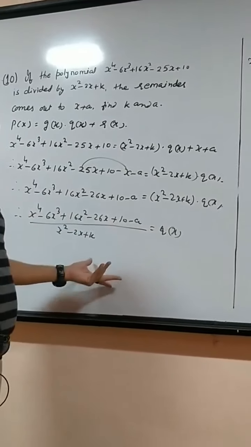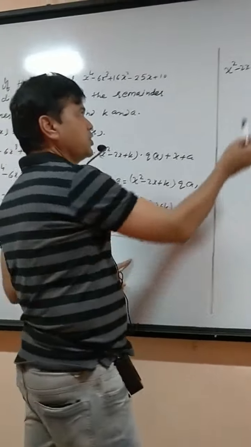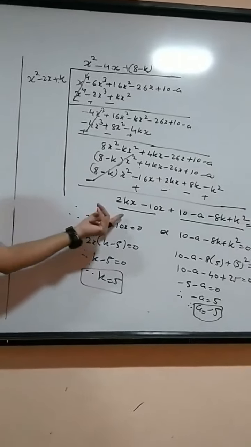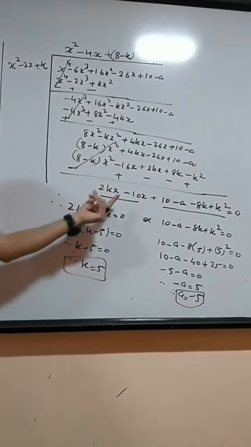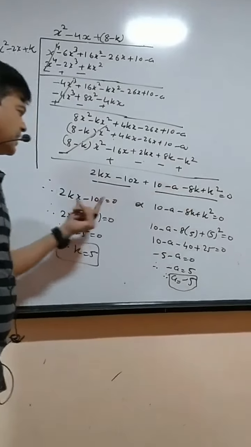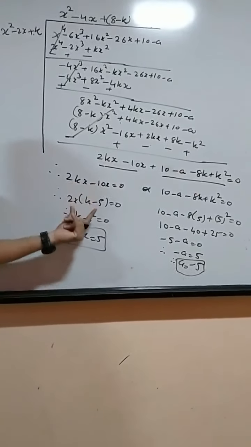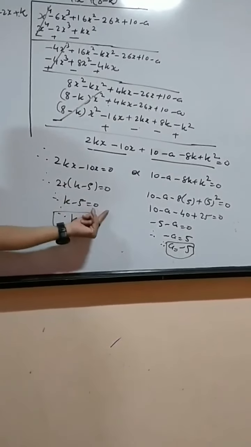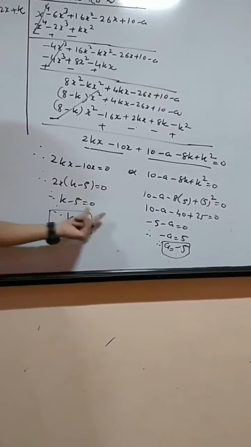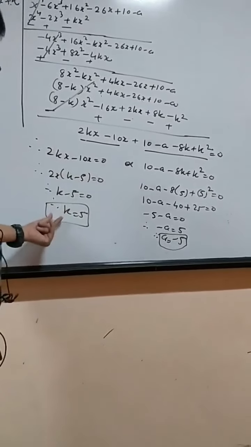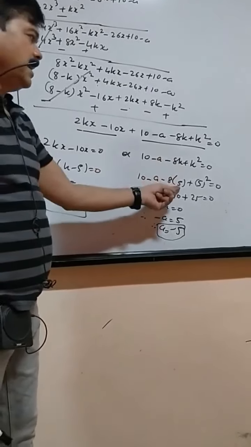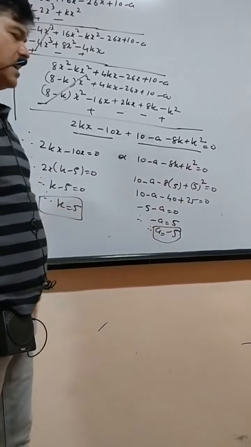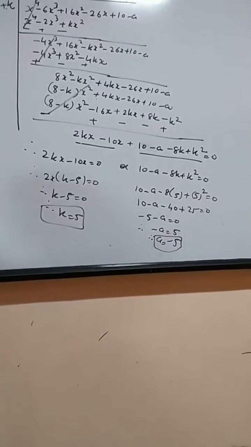This is q(x) and this is the remainder, and there is no remainder, so the remainder is 0. Therefore either this is 0 or this is 0. So 2x common, k minus 5. k minus 5 upon 2x is equal to 0, so k is equal to 5. Put the value of k in here, 8 into 5, k means 5. Put the value, you will get this answer. a is equal to minus 5.